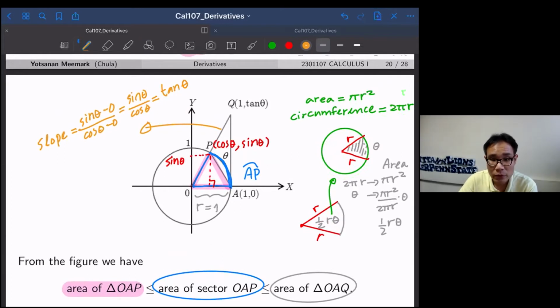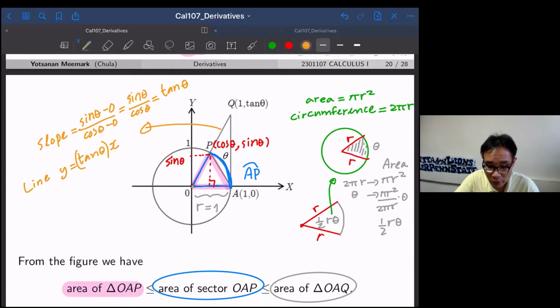Okay, slope equal to tan theta, and you have this equation. So the line will have equation y equal to tan theta times x. This is the slope and it passes through the origin, so the plus c turned out to be plus 0. So this is the line y equal to tan theta x, and you're going to put x equal to 1.